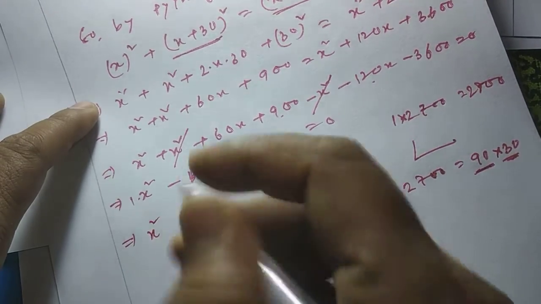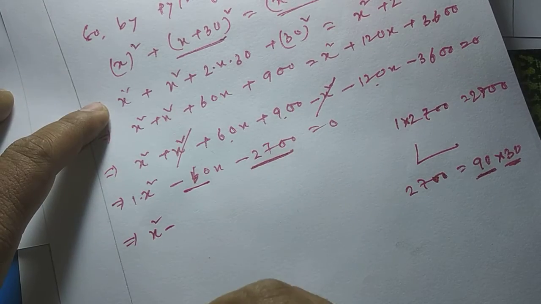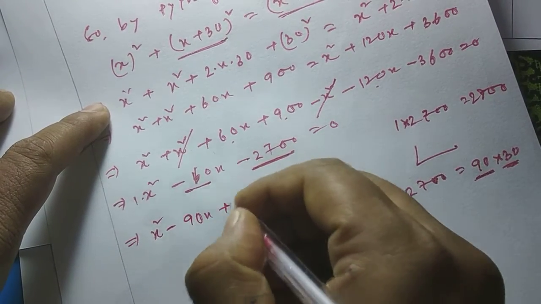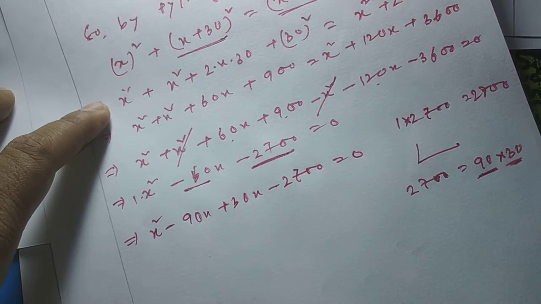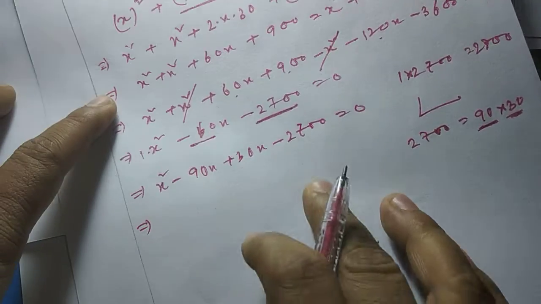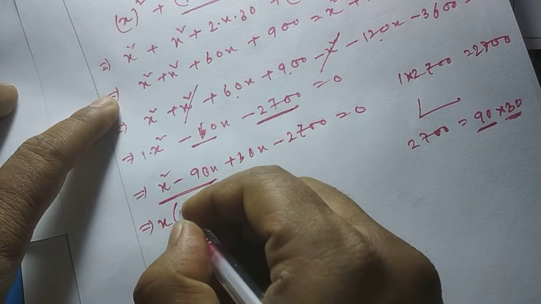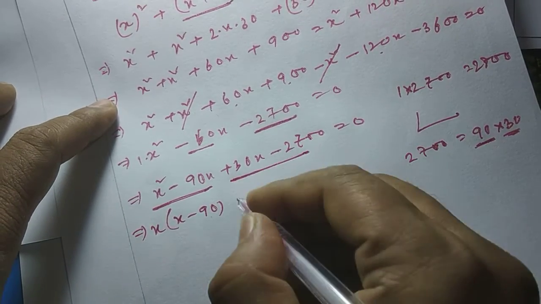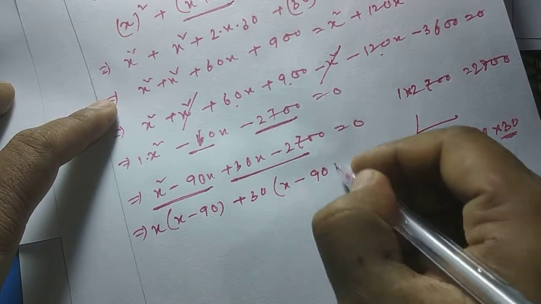Now it becomes x square. This minus 60 can be written as minus 90x plus 30x minus 2700 equal to 0. Now let us take x common from the first two: x minus 90, and taking 30 common from the last two, it becomes x minus 90.